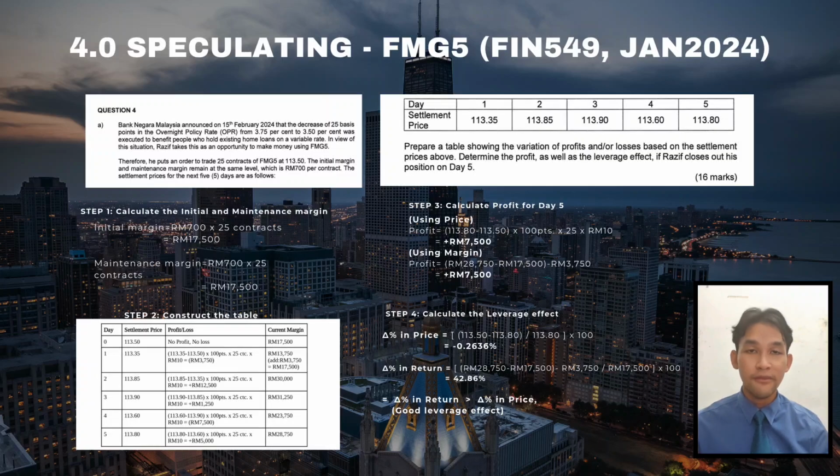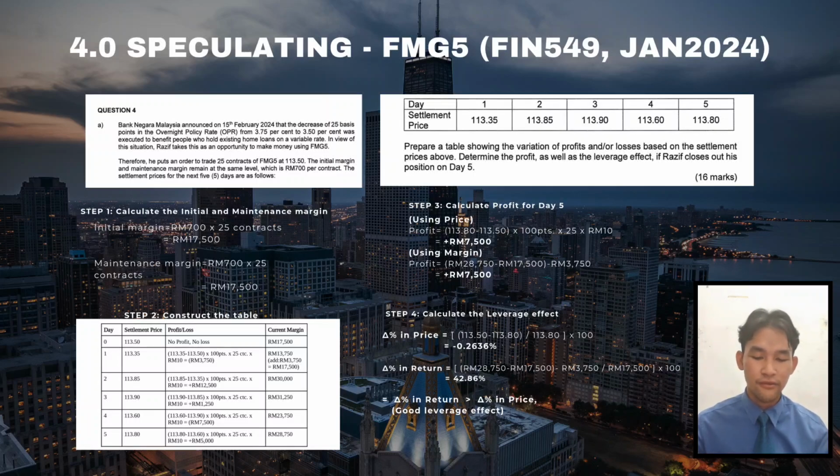And then for the next step, we construct the speculating table. For day 0, as usual, which is a buy position, we have no profit and no loss because we haven't done anything yet. So the current margin is 17,500 ringgit.